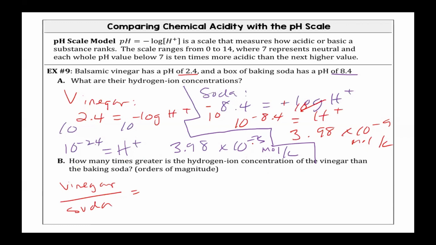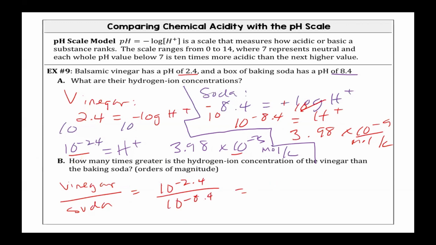The 3.98 is the same, so what we're comparing are their exponents, the powers of 10. Vinegar was at 10 to the negative 2.4, and baking soda was at 10 to the negative 8.4.